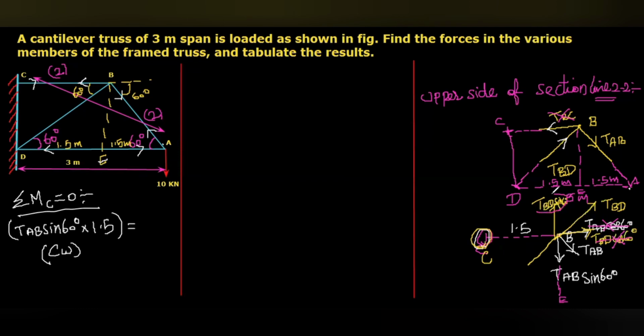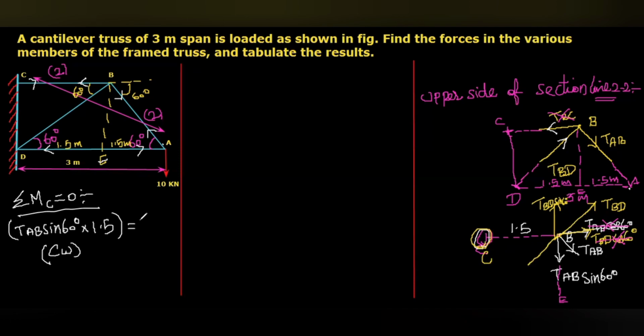So we won't consider the moment made by TBD cos 60 also. So the TBD sine 60 multiplied with this distance CB will be in counterclockwise direction.